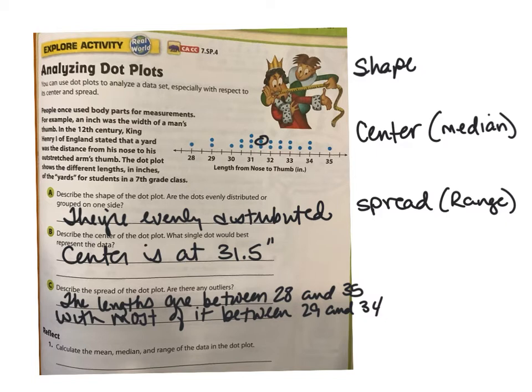So I'll do that. And feel free to use a calculator on that. I did. I added each of these data points up, 28, 29, 29, 30, 30.5, 30.5, 31, 31, 31, all the way up. And then I divided by 21 and I got 31.6 inches. So the average length is 31.6, which seems to be kind of similar to the middle.